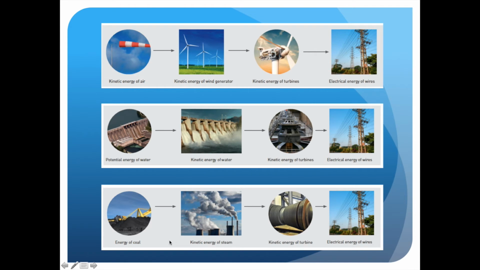You've got some thermal energy first of all, and then you've got the kinetic energy of the steam. That steam turns turbines, so we get kinetic energy again as that's spinning around, and it's the steam that spins these around. Once the turbines are spinning, we get electrical energy.